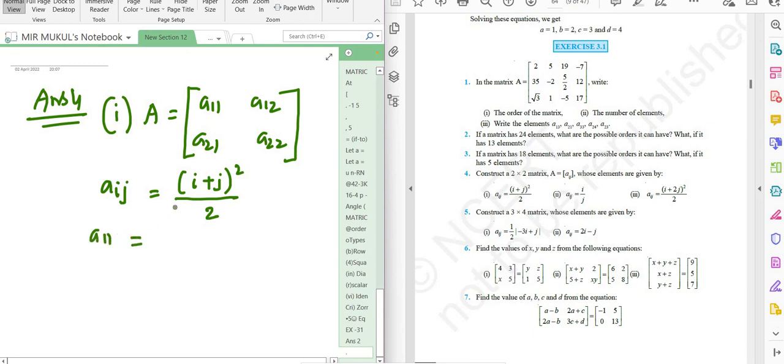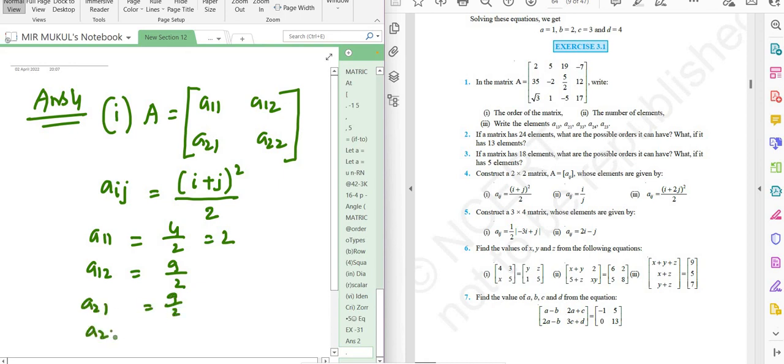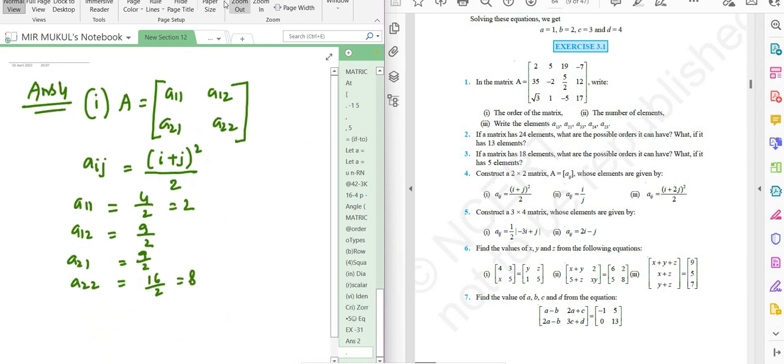A11: the value of i is 1, j is 1. So 1 plus 1 is 2, 2 square is 4, 4 by 2 equals 2. A12: 3 square is 9, 9 by 2. A21 also 9 by 2. A22: 2 plus 2 is 4, 4 square is 16, 16 by 2 equals 8.